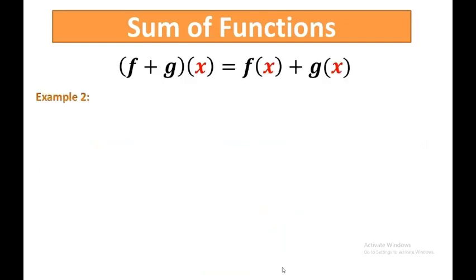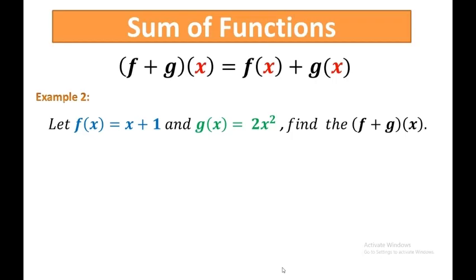Now, let's have an example number 2. Okay, try to solve this. Let f of x equals x plus 1. Okay, this is the first function, the f function of x, which is equivalent to x plus 1. And another function, g function of x, is equivalent to 2x squared.